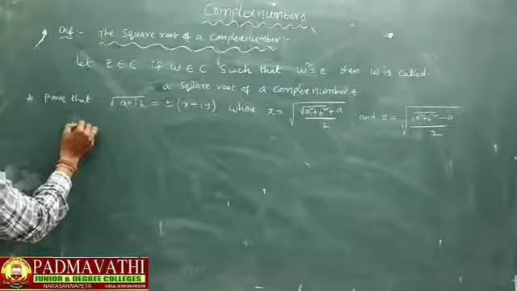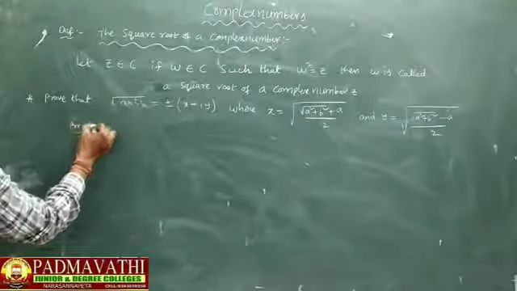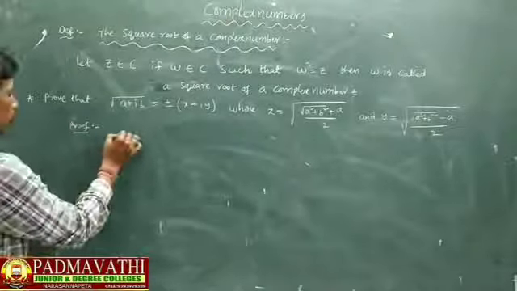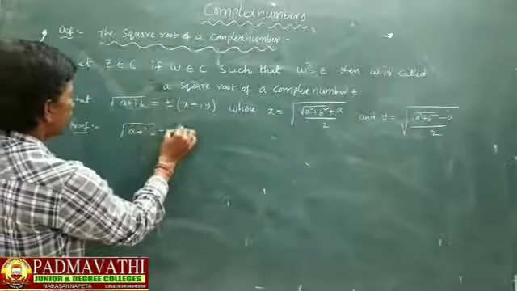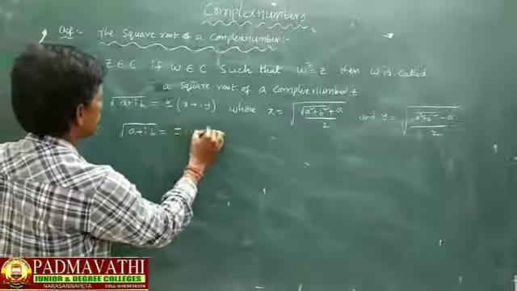Proof. The square root of a plus ib equals plus or minus (x plus iy).